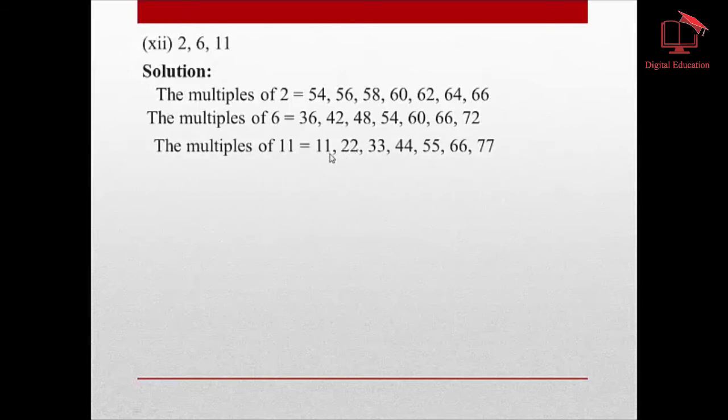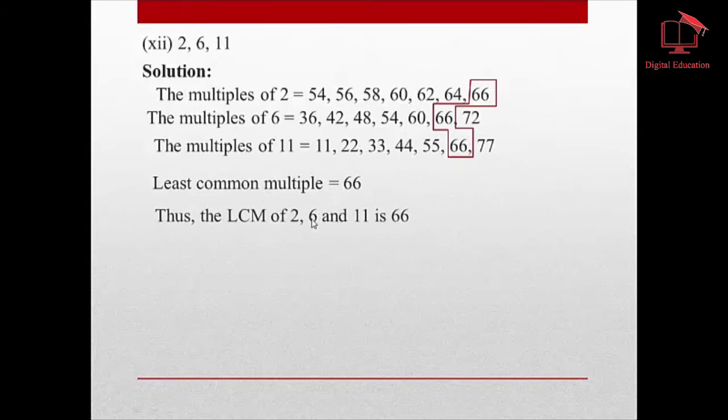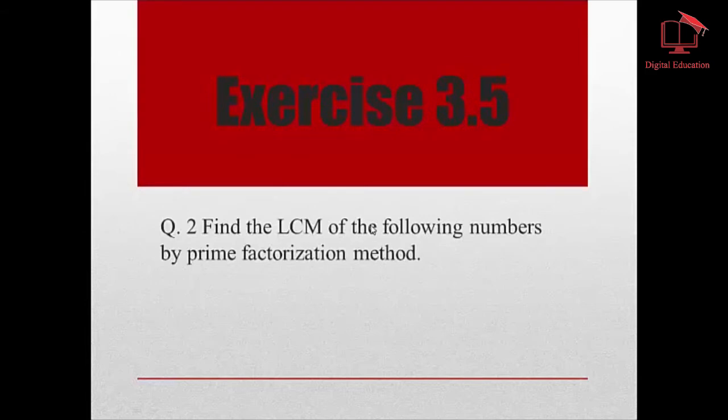The multiples of 11 are 11, 22, 33, 44, 55, 66 and 77. Now the common number is 66. So students, the least common multiple is 66. Thus the LCM of 2, 6 and 11 is 66.